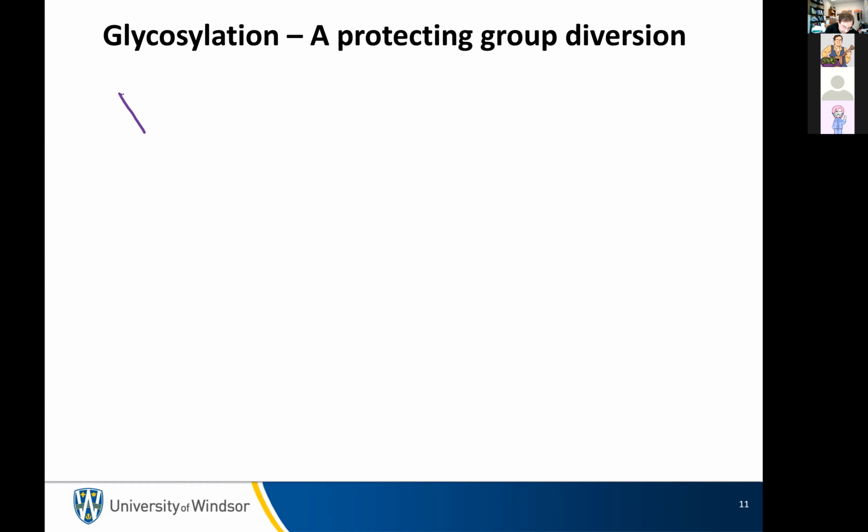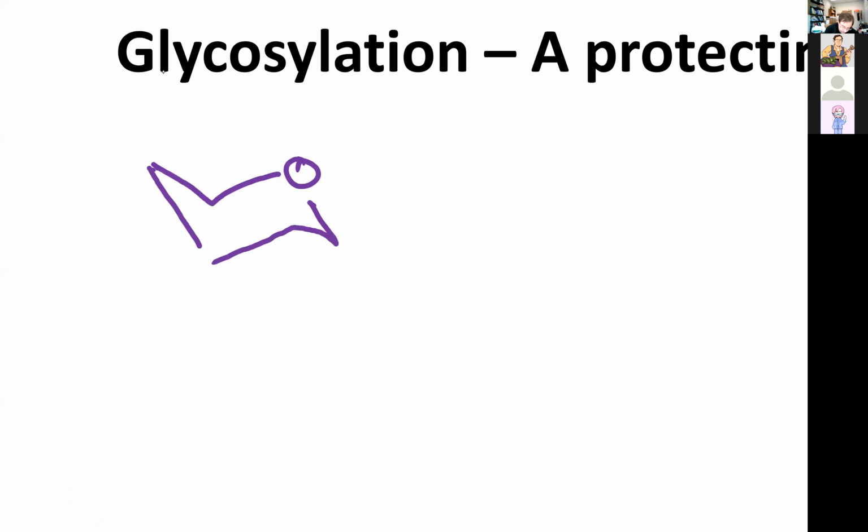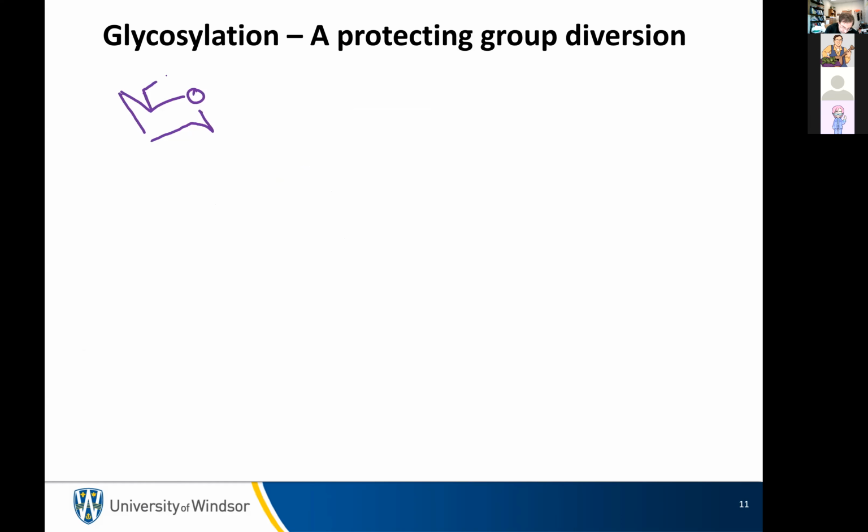So if we have a sugar that we were just working with there, we treat this with TIPS chloride, one equivalent, imidazole, and dichloromethane.